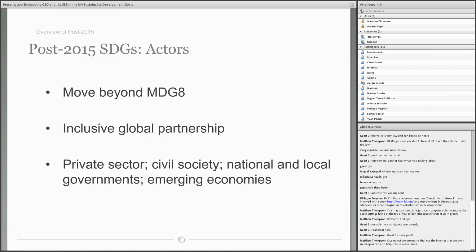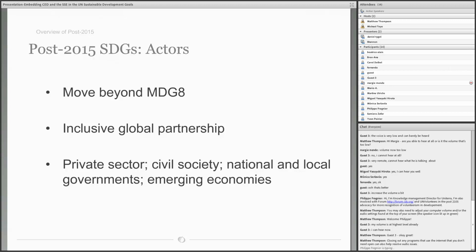And I think the UN has undertaken massive efforts to ensure that this process is inclusive, that there are opportunities for engagement, and that the voices of a number of different communities are being heard. So on one hand, there is really significant room within the discussions for all kinds of actors to participate and to provide input.